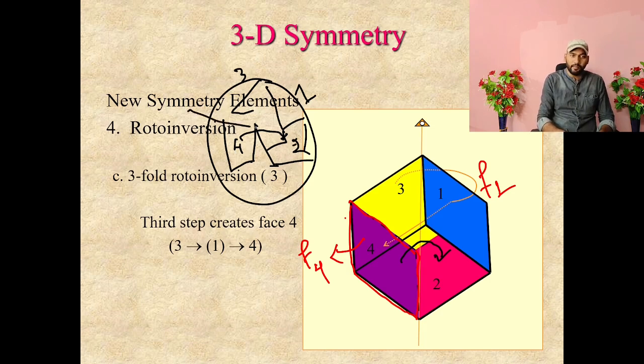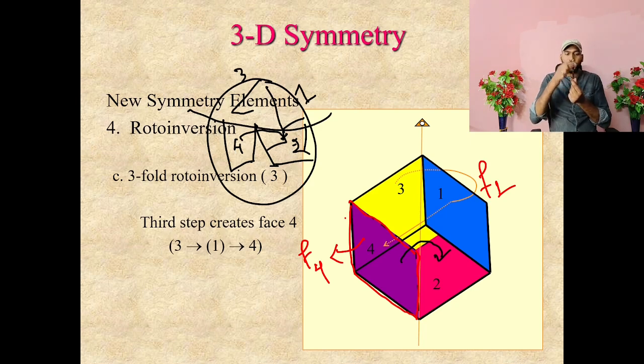4 is in the lower hemisphere, so rotation will be in the same hemisphere. If I am rotating this pen, the cap rotates in the upper hemisphere and the bottom part of the pen rotates in the lower hemisphere. The cap is not coming down.